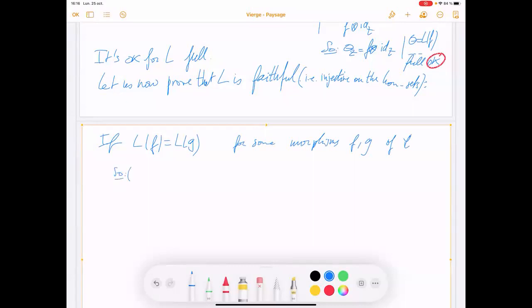By definition of L, f tensor identity equals g tensor identity.